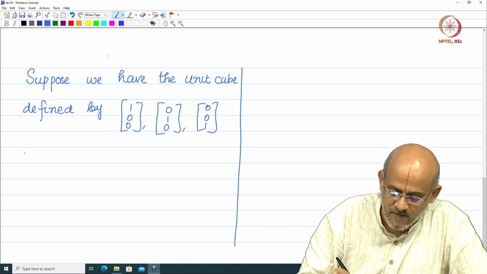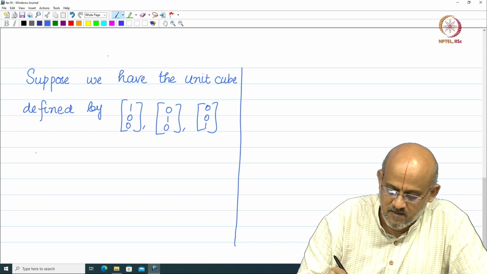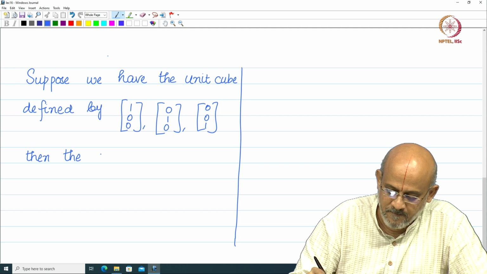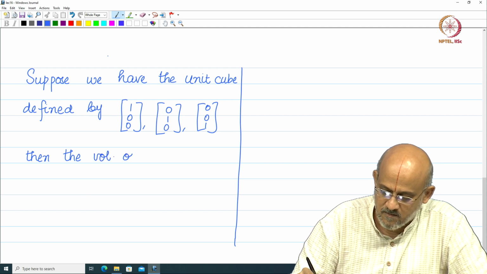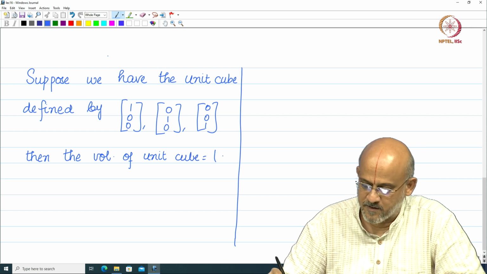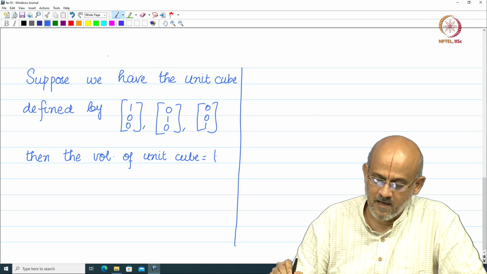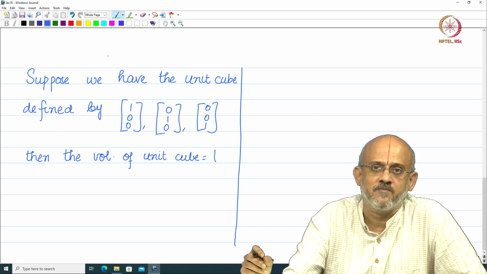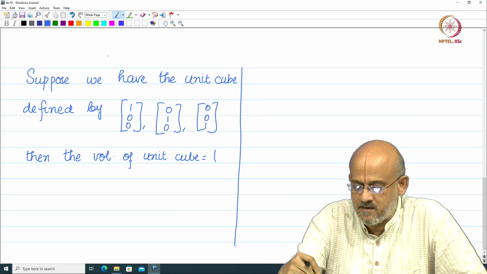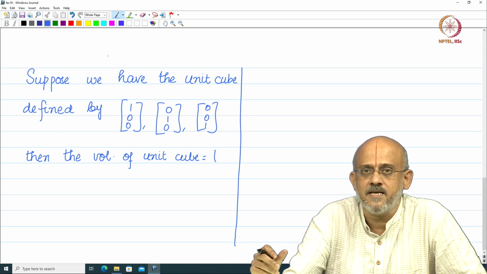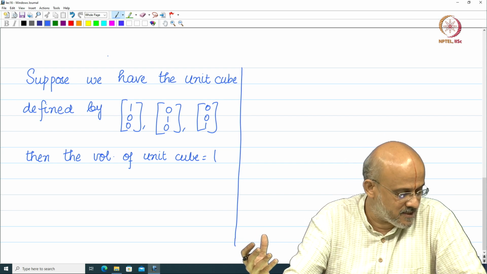We know that the volume of the unit cube is 1 cubic unit. Now if I apply scaling in each of these directions, how does the volume change? Suppose I scale the E1 direction by S1 and E2 direction by S2 and E3 direction by S3, how does the volume change? That is a question that we ask.